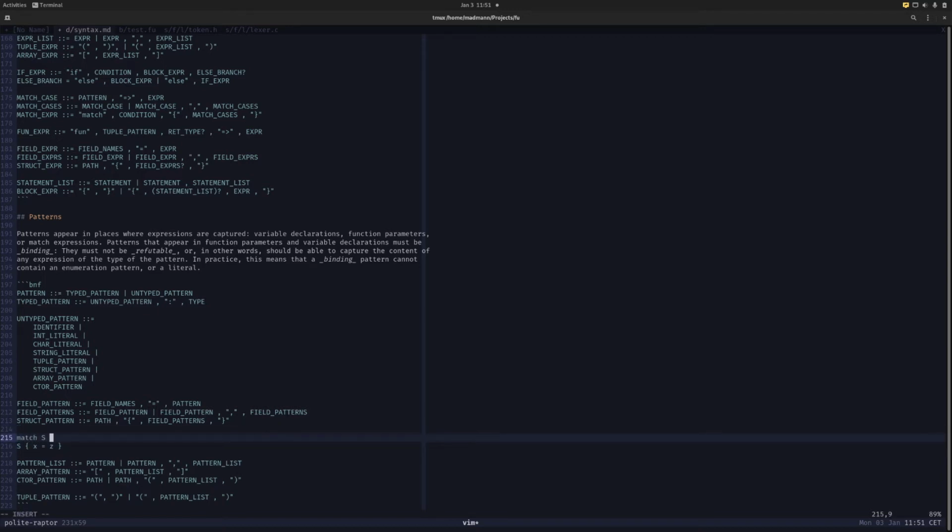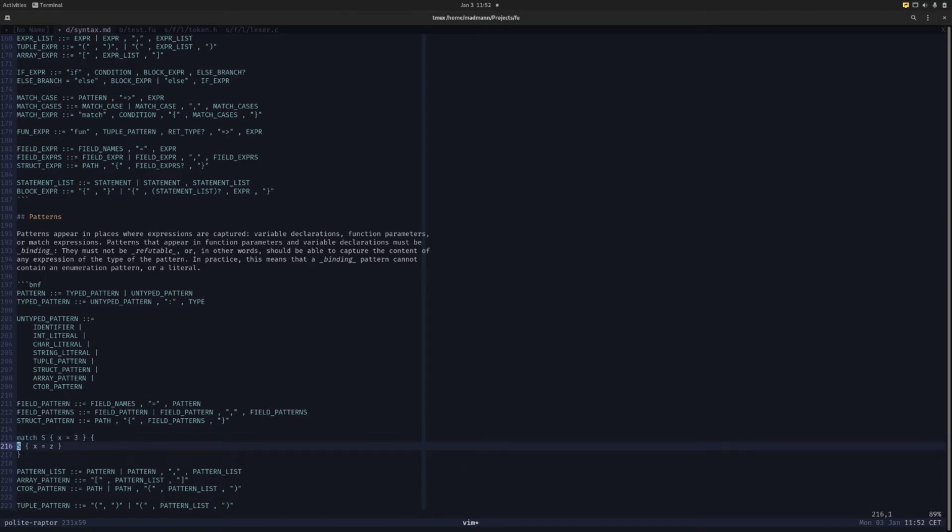So if I do match, for instance, x is equal to 3, and I do this, what this does is essentially assigning 3 to z and then returning z. So that's essentially how structure pattern works.